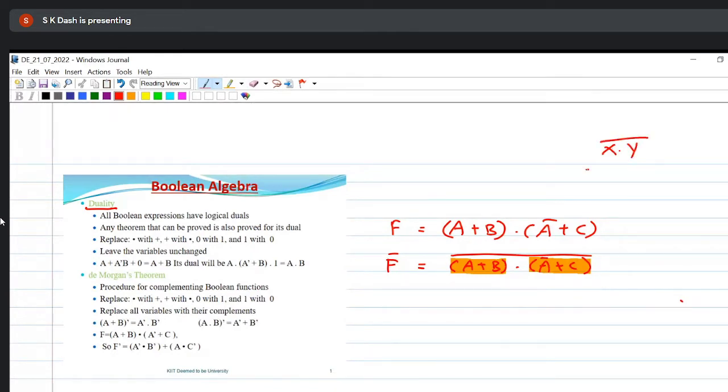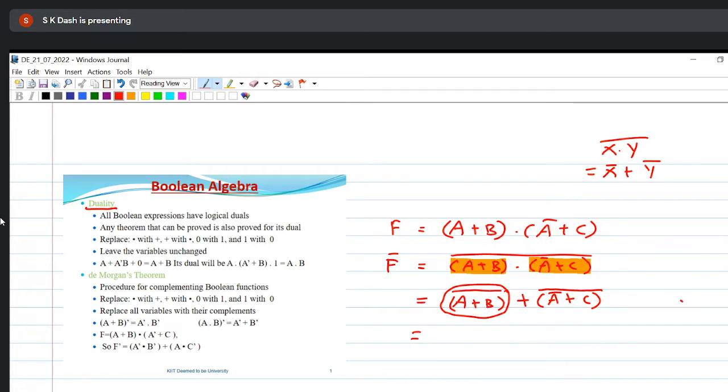X dot y whole bar is x bar plus y bar. So what is x here? X is a plus b, so its complement, plus, what is y here? Y is a bar plus c, its complement. Okay. Now next step, we can apply De Morgan's theorem to this also, a plus b whole bar. What is a plus b whole bar?